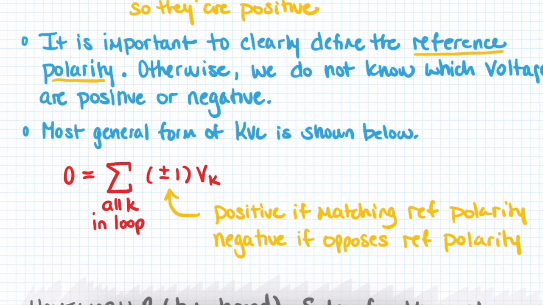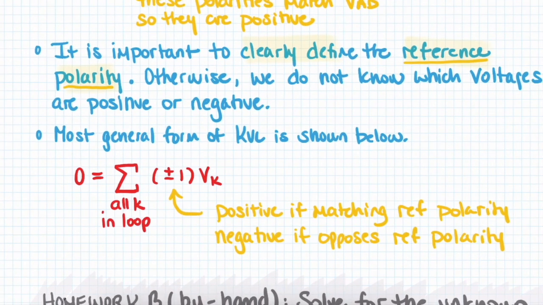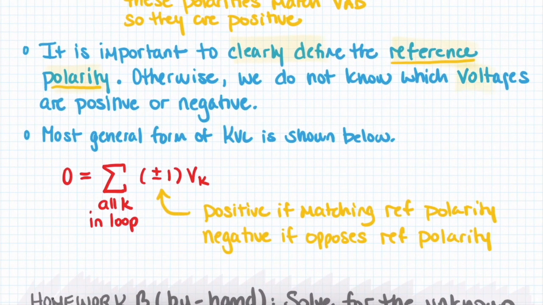So it's always important to clearly define the reference polarity. Otherwise, we don't know which voltages are positive or negative. We've talked about it a lot in that previous little section. Now, we haven't really talked about a general mathematical form of KVL.